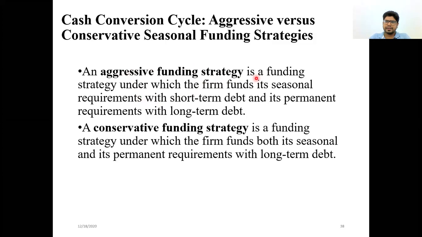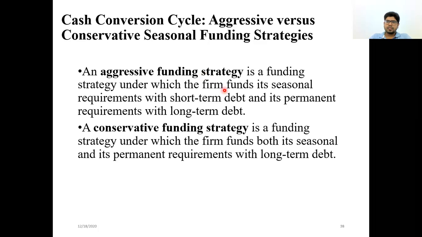It's a funding strategy under which the firm funds its seasonal requirement with short-term debt and the permanent requirement with long-term debt. So what kind of policy is it? Maturity. Yes, exactly. Maturity, right? The maturity matching concept is close to the aggressive funding policy, right? We are not talking about maturity matching anymore, right?